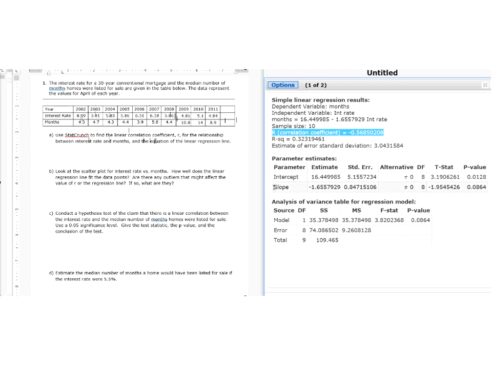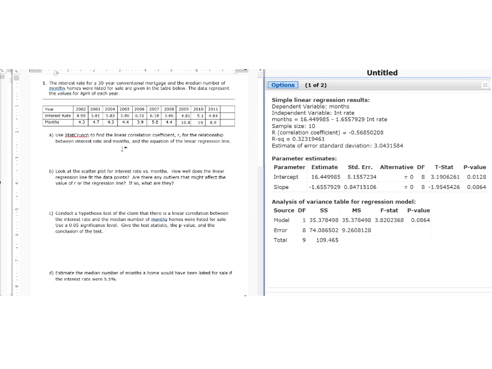And then down here in the row that says slope, it's going to give me the test statistic and the p-value. Just remember that you're looking for the row that says slope. Okay, so from this, I could answer this question.